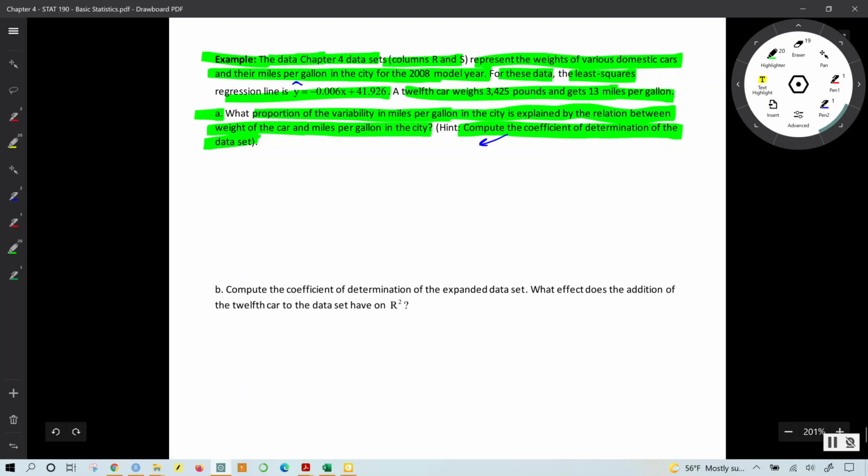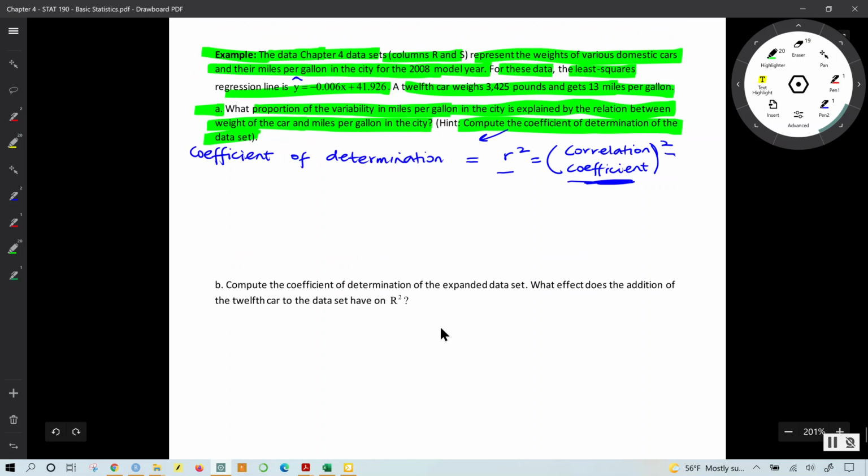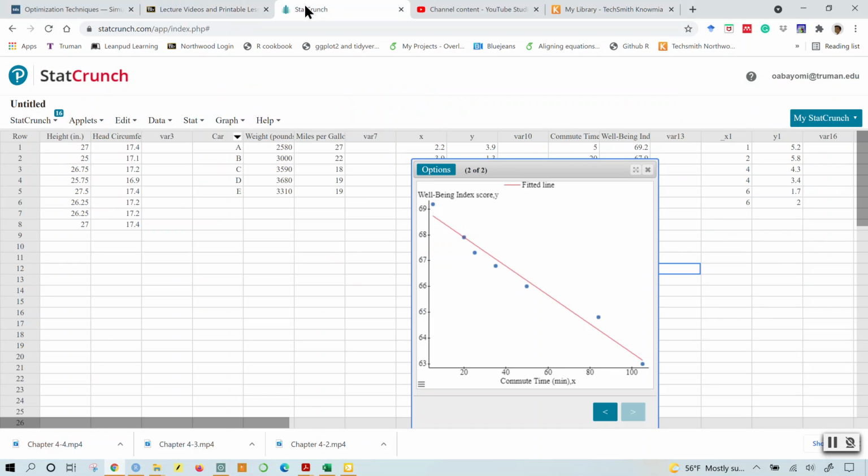To answer that question, we need to simply compute the coefficient of determination. The coefficient of determination is equal to R squared. So R squared, remember, is the correlation coefficient squared. How do we do that? Let's look at the data set in StatCrunch. So I'm going to go to StatCrunch.